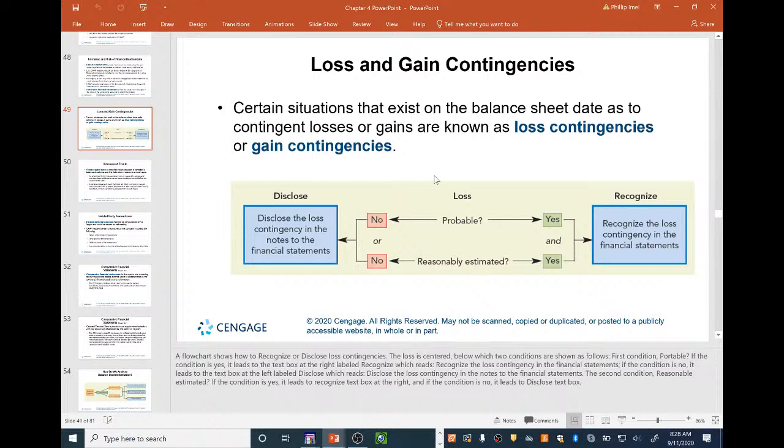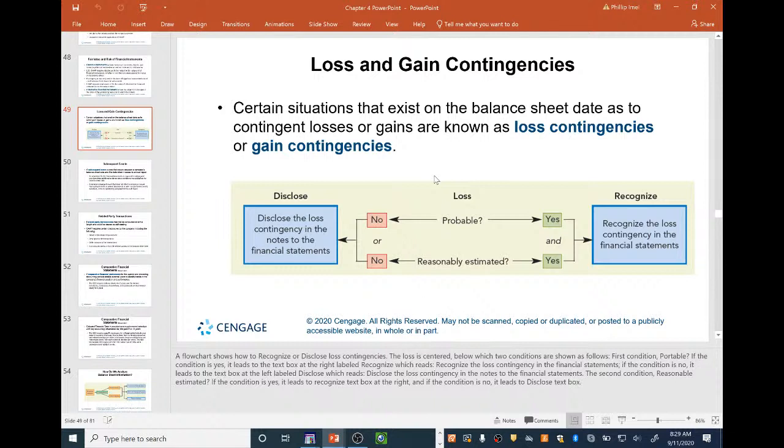Gain contingencies, no matter what, even if it's probable and estimable, you never accrue in the statements. Why do you think we would never accrue a gain contingency? It links back to one of the things we talked about, I believe, in chapter 2. Conservatism. Because what if we don't get that gain? Then that's going to be misleading the readers, right?